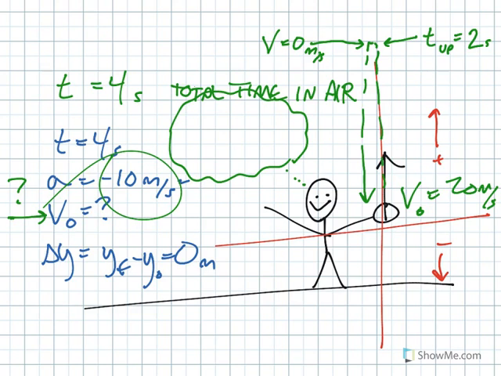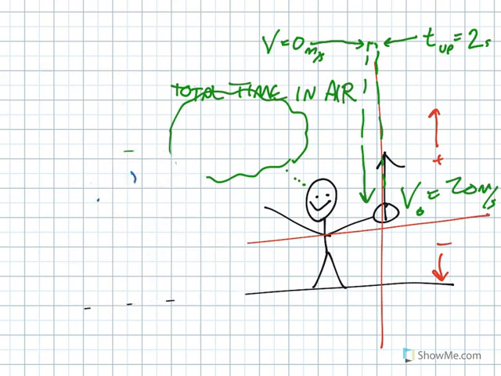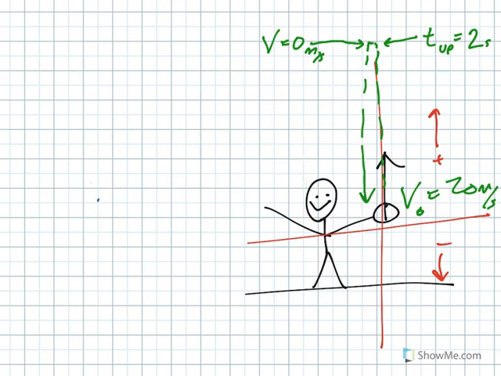The equation I'm going to use is, let's use delta y is V naught times t plus 1/2 a t squared. Now, the delta y, remember, the total delta y is 0.